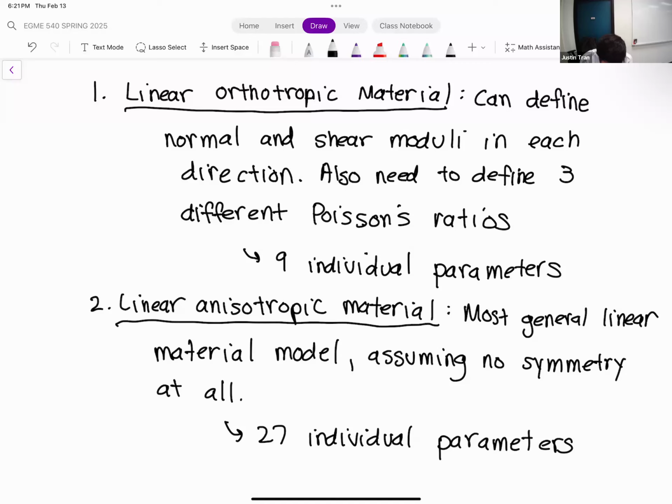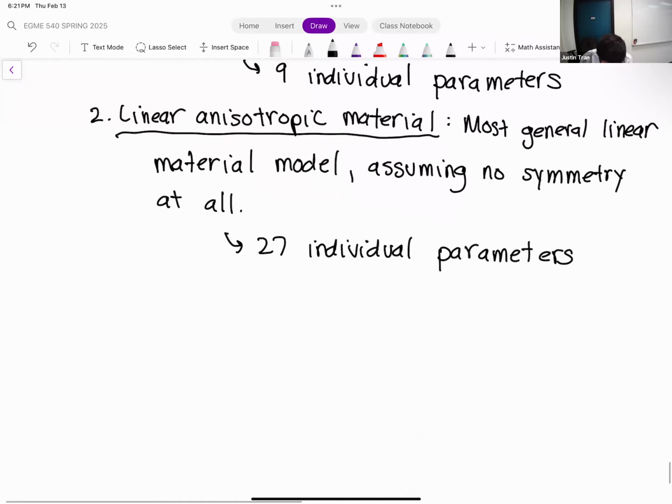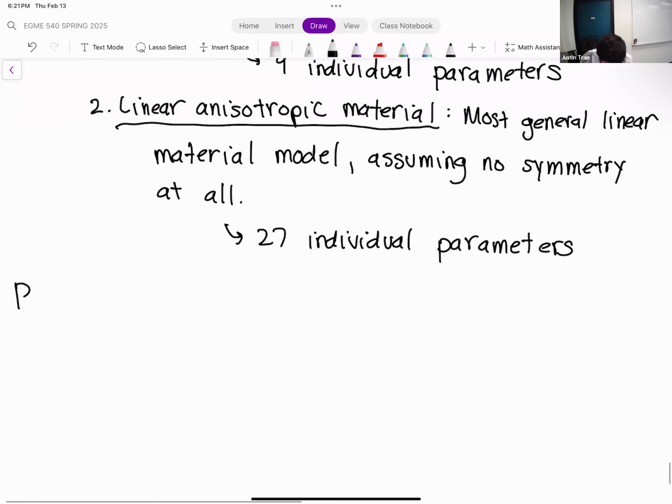I think we talked about it a bit last time, but let's review it again. Plastic deformation, or plasticity, refers to permanent deformation that can occur in a material if the loading, or the stress, is high enough.